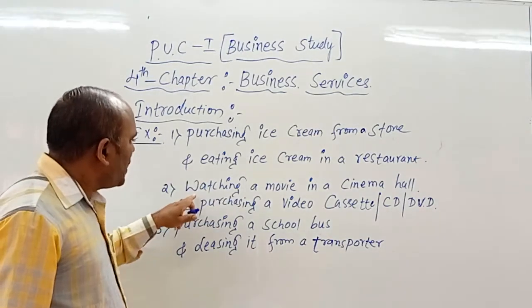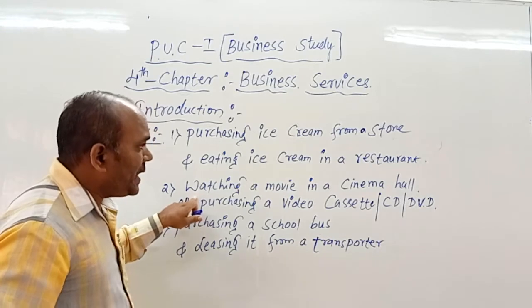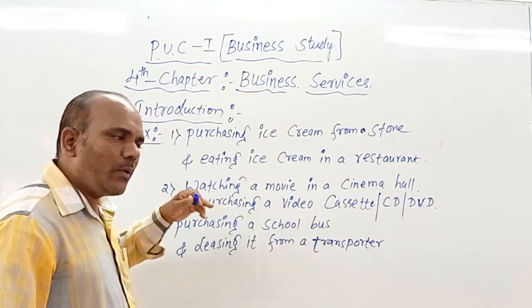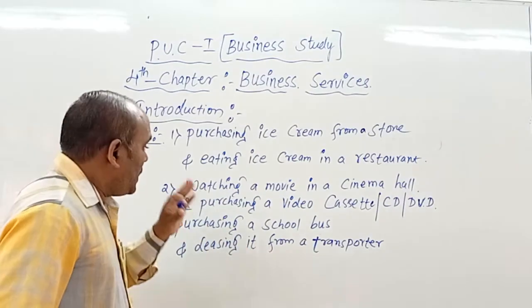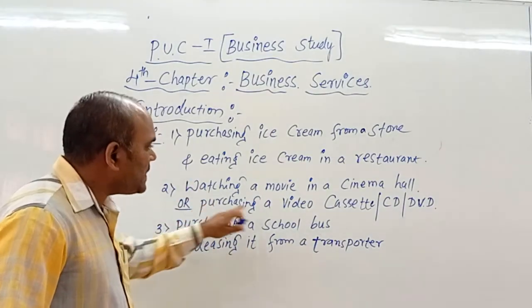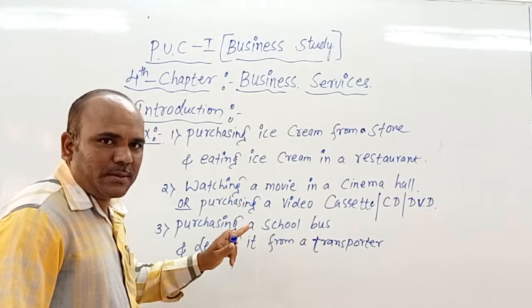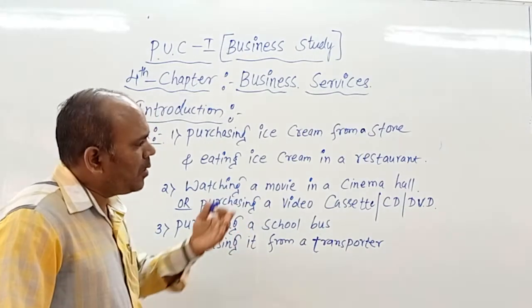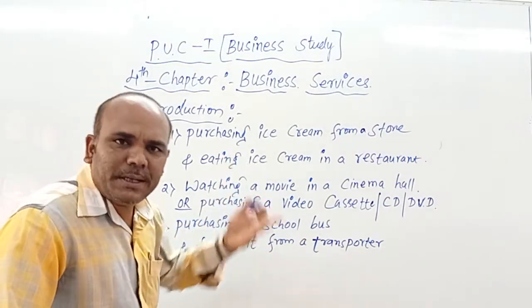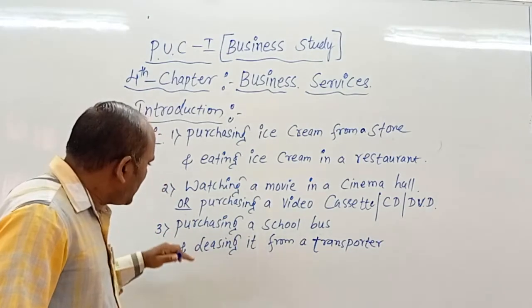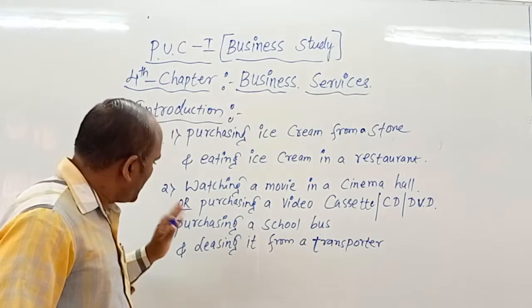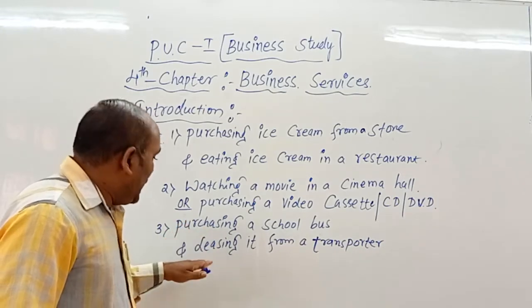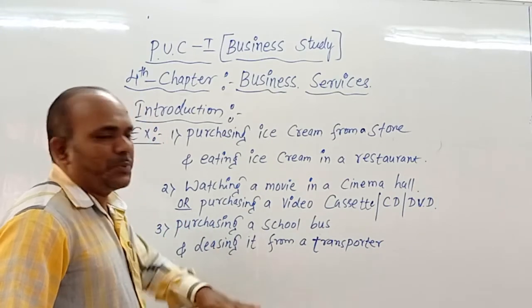Second one, watching a movie in a cinema hall, or purchasing a video cassette or CD, or there may be chances of a DVD. Then the third example is purchasing a school bus or leasing it from a transporter.